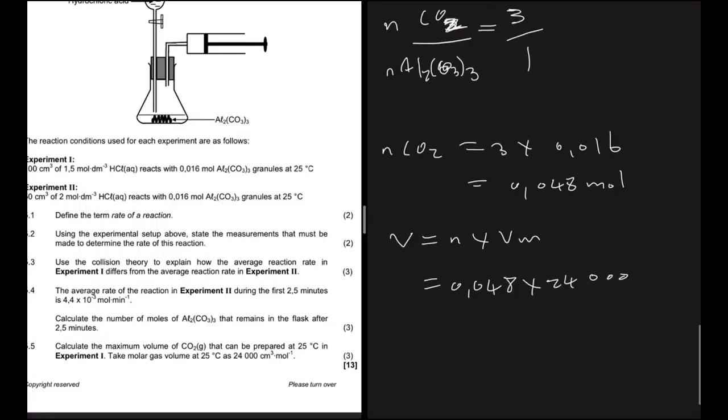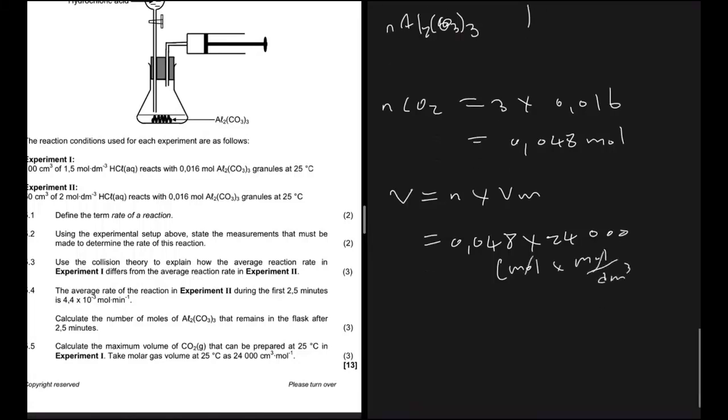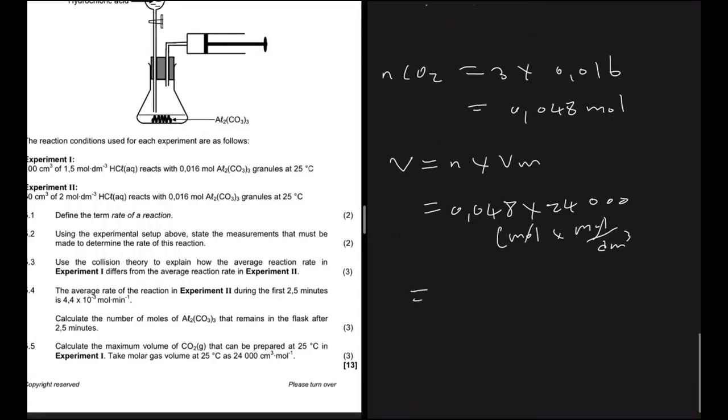The SI unit is mole for moles, and here is centimeter cube per mole, right? So moles and mole cancel out. Let me put that in the calculator real quick: 0.048 times 24,000. We end up with 1,152.